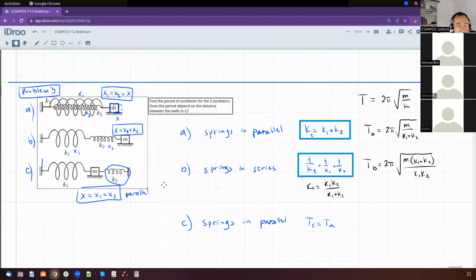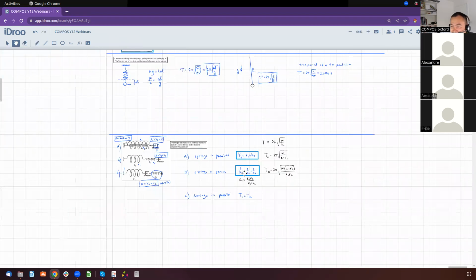I can't immediately see how it translates to electrical circuits.